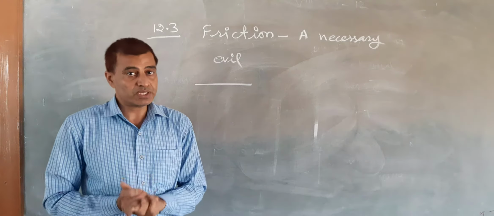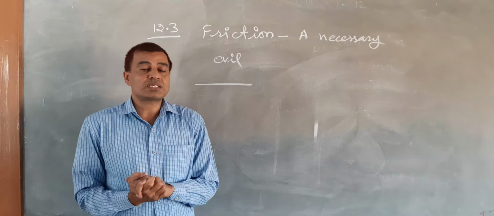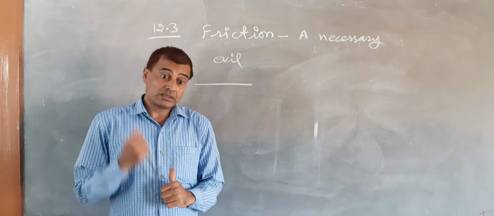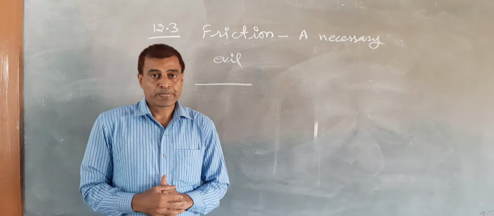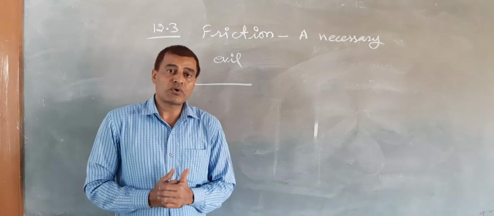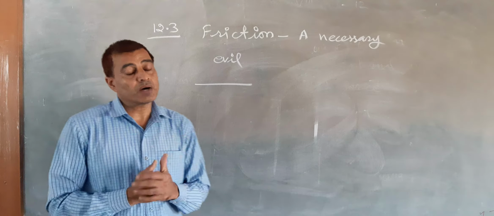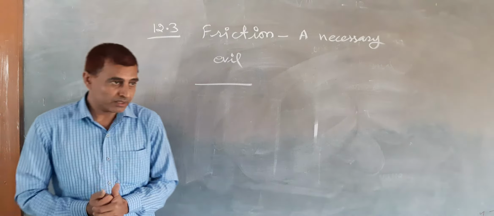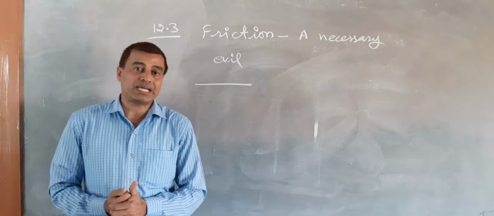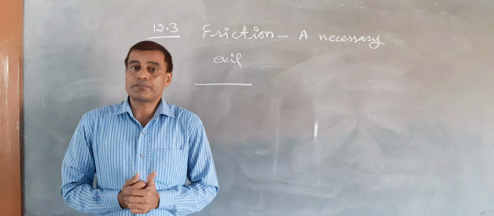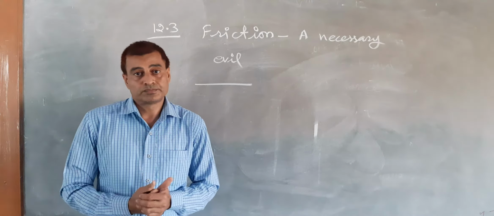If there is friction between two surfaces and both surfaces are moving on one another, then that generates heat, and that heat is very harmful for various parts of our machineries, such as a fan having ball bearings. Suppose you have not put oil on the bearing for a long time.